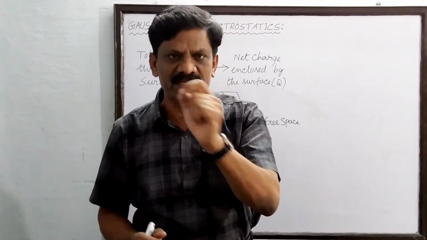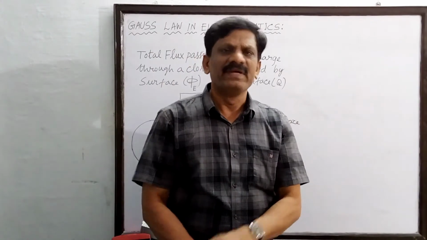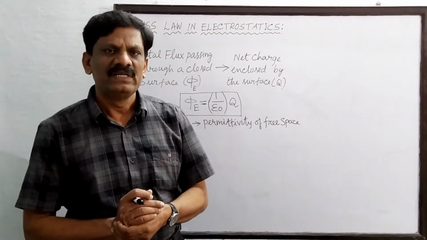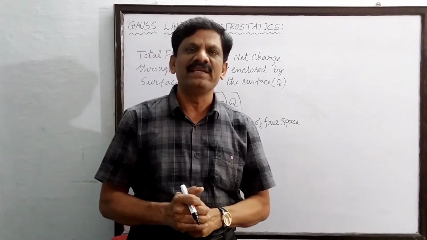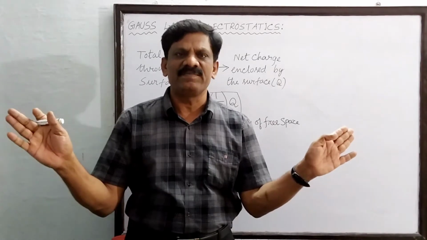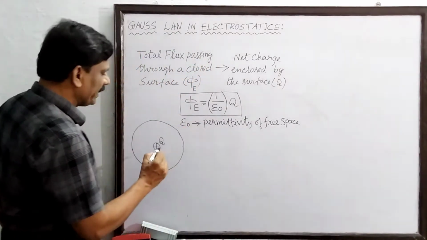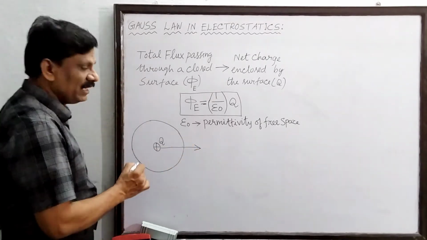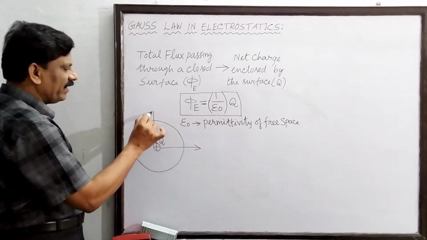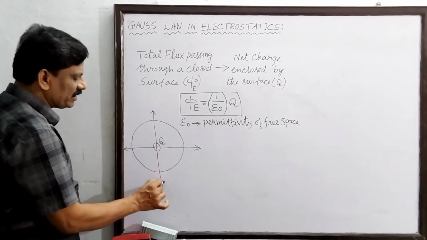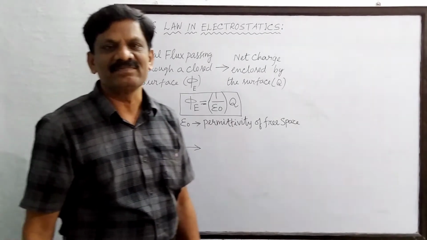of the sphere. Since the given charge is a positively charged particle, its electric field lines, namely the flux lines, are directed outwards. So I am going to draw one or two lines like this. You can see that this is the electric field line, and these are all the electric field lines which are directed outwards because the given charge is a positive charge.